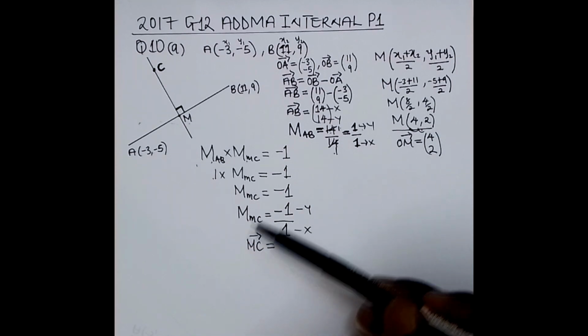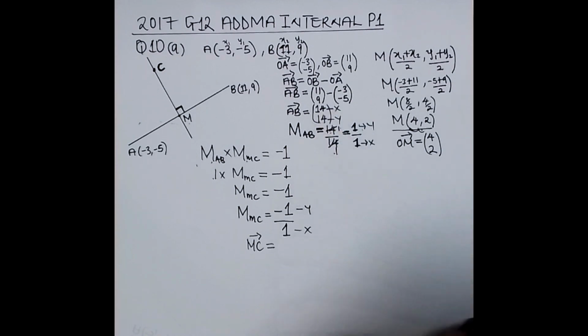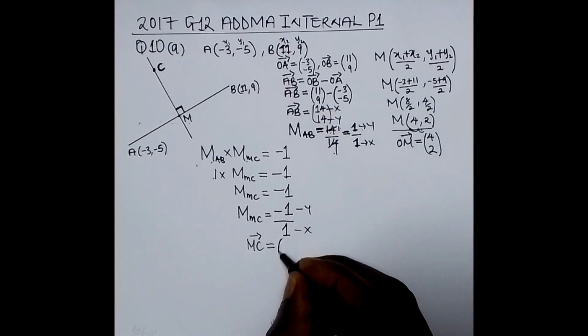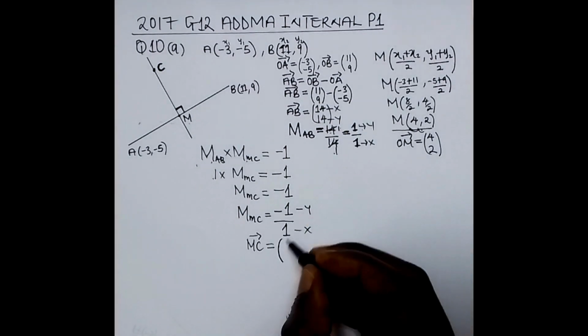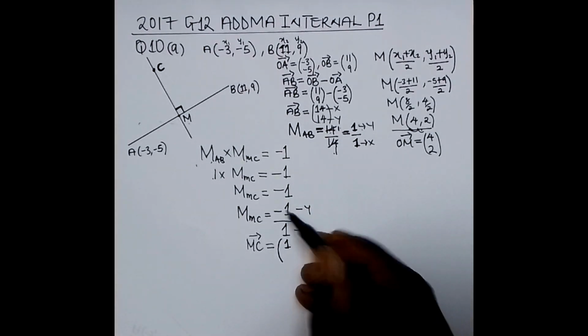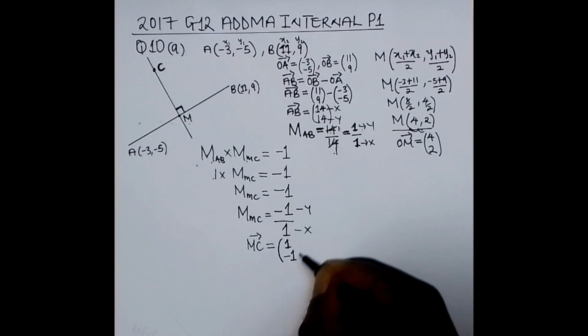So the same applies to this one. For us to convert from gradient to direction vector, we'll just do the same. We'll write it in terms of component. So we'll start with the x component, meaning it will be up here. Then the y component, which is a -1, will be down here.